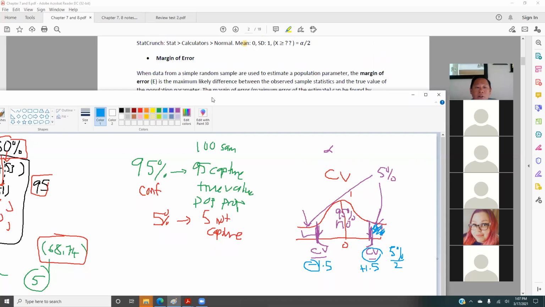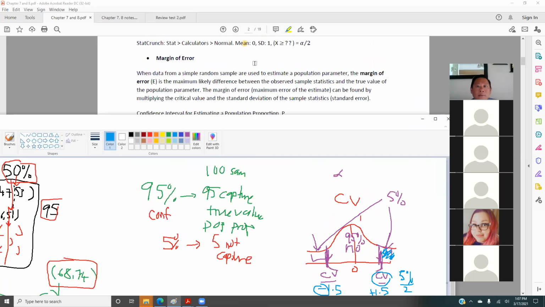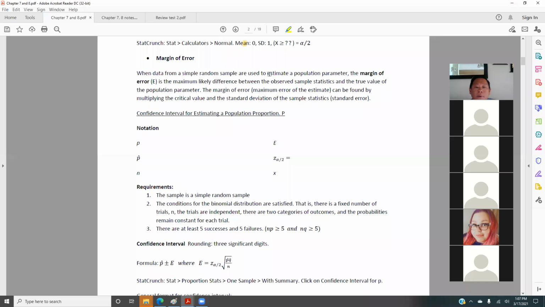Margin of error. The margin of error is that plus or minus sign, the one we did, the plus or minus 4%. The margin of error, capital E, is the maximum likely difference between the observed sample statistic and the true value of the population parameter. So it is the maximum of the difference between the sample and the population.